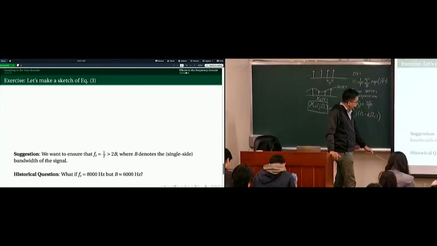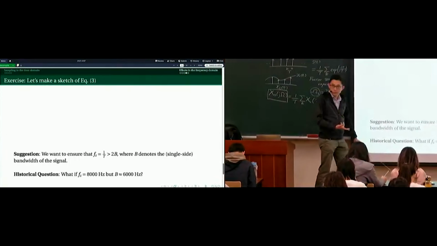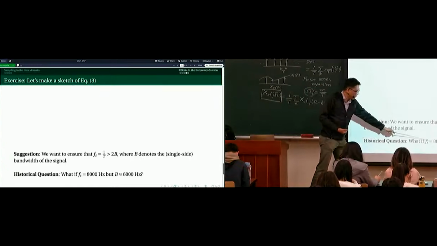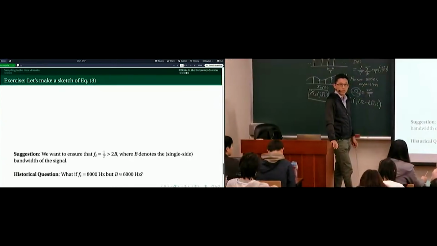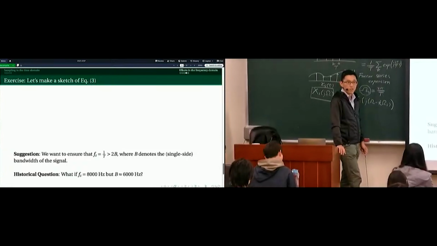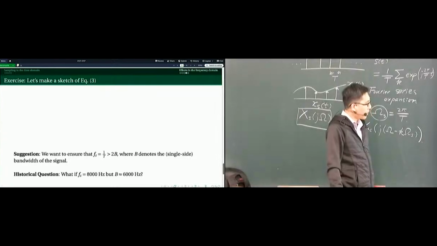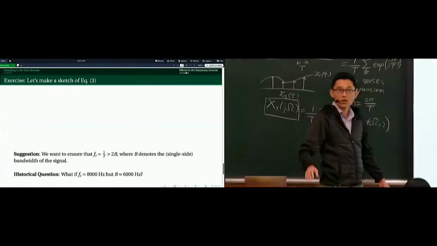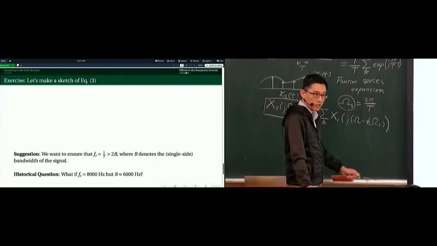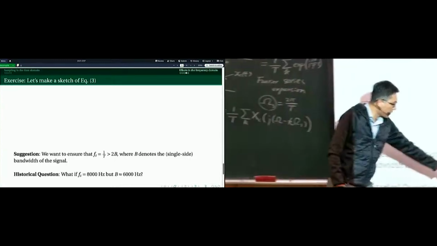What if the sampling rate of our system is 8 kilohertz, and somehow it has been defined by your boss or by the government or by a universal standard? Our system is recommended to obey the standard to have an 8,000 hertz sampling rate. But what if somehow you have a signal and its bandwidth is around 6,000 hertz?